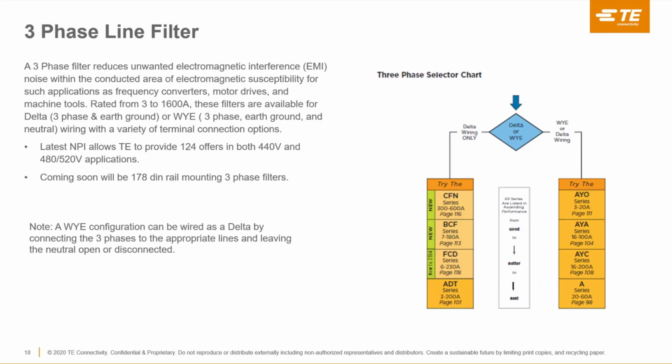A Y configuration can be wired as a Delta by connecting the 3 phases to the appropriate lines and leaving the neutral open or disconnected. I forgot to mention earlier, for the Delta you connect the 3 phases and an earth ground, and the Y is 3-phase, earth ground, and a neutral. So keep in mind a Delta cannot be wired to a Y, but a Y can be wired as a Delta if needed.